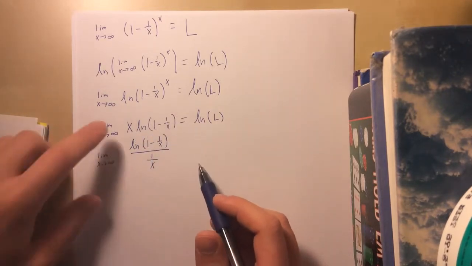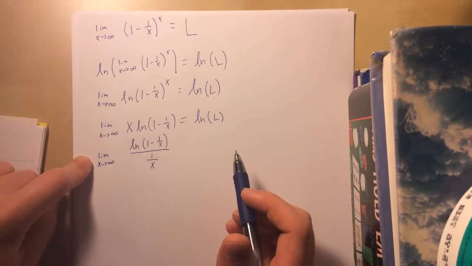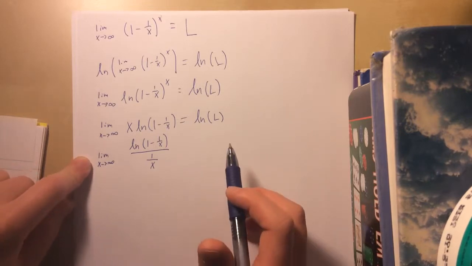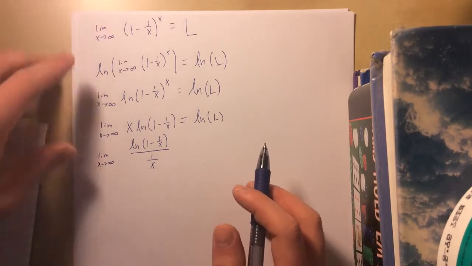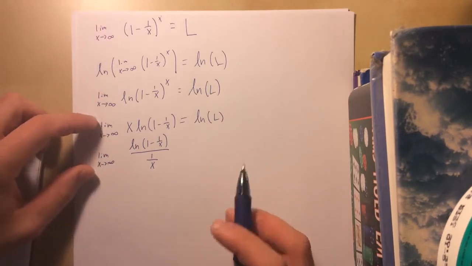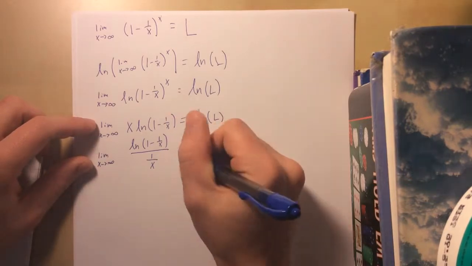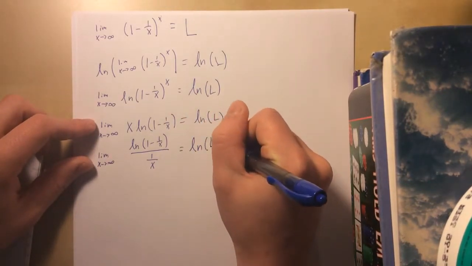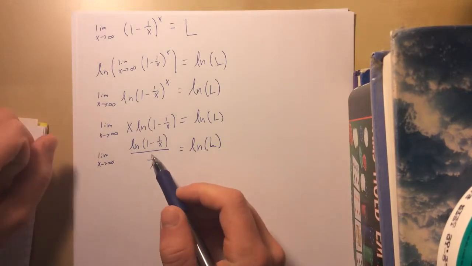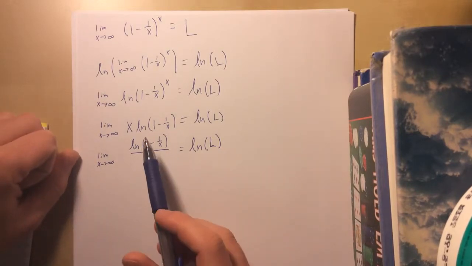This step that we took from here to here is something you're going to want to remember, because even though this question is a pretty challenging problem, this is a method you can use a lot to help you reach a point where you can use L'Hopital's. Dividing by the reciprocal is just like multiplying.